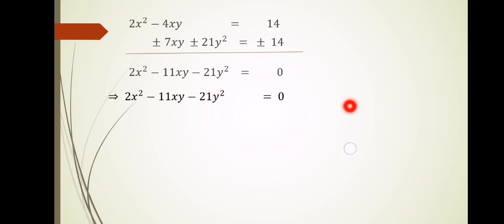we just get 2x square minus 4xy is equal to 14, and in the other equation we have minus 7xy minus 21y square is equal to minus 14. This 14 minus 14 will result in 0, and here we have the combination of the three, that is x square, xy and y square. So here we have 2x square minus 11xy minus 21y square is equal to 0.